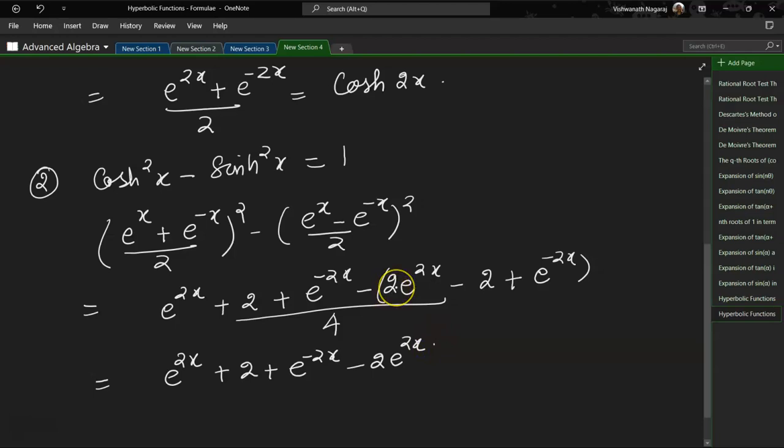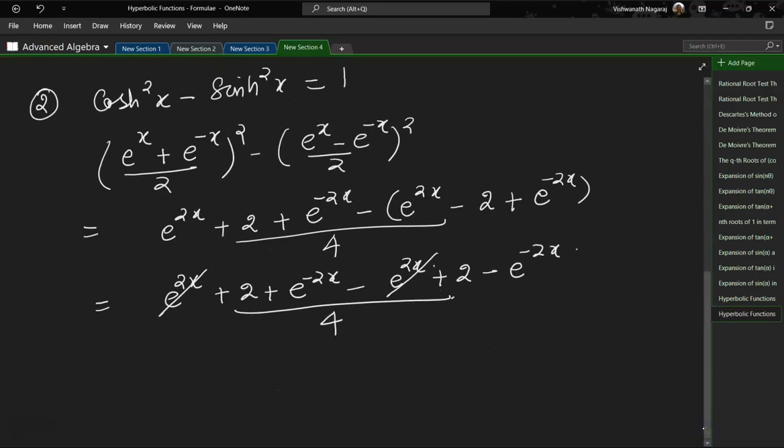No, we don't need this 2, okay? It is just a square. Okay, plus 2 minus e to the power of minus 2x divided by 4. This and this cancels out, and this cancels out. What are we left with? 2 plus 2, 4 by 4, which is equal to 1, which is equal to right hand side.